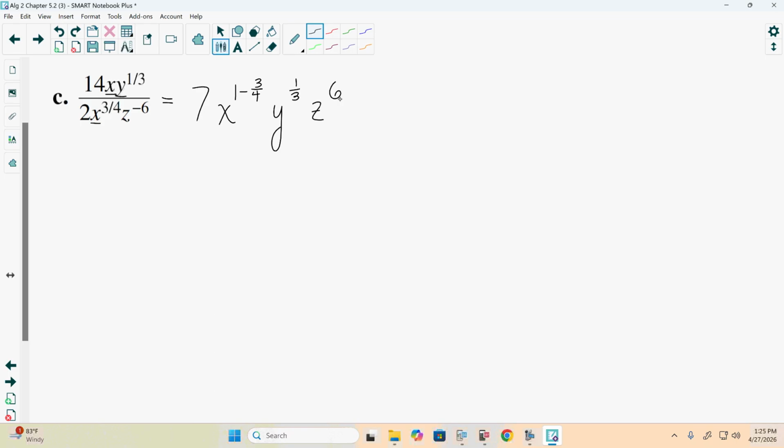And at this point here, I notice I do not have a denominator anymore, which is fine. So the only thing I have left to do is actually subtract 1 minus 3/4, which is 1/4. Telling me I have 7 x to the 1/4 y to the 1/3 z to the 6th.